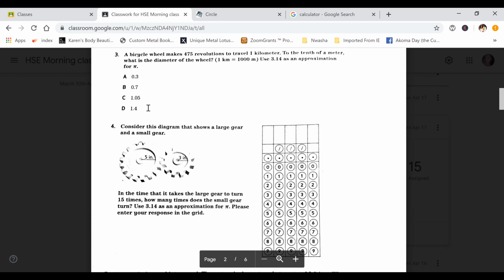So now it's telling you in parentheses that 1 kilometer equals 1,000 meters, which we kind of went over really quickly. We might do that again. Use 3.14 as an approximation for pi. So what operation do you think you need to do?